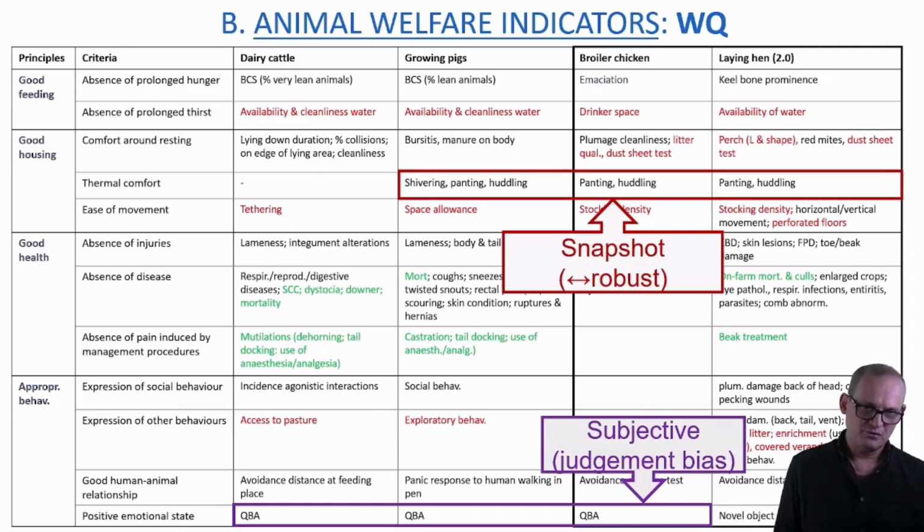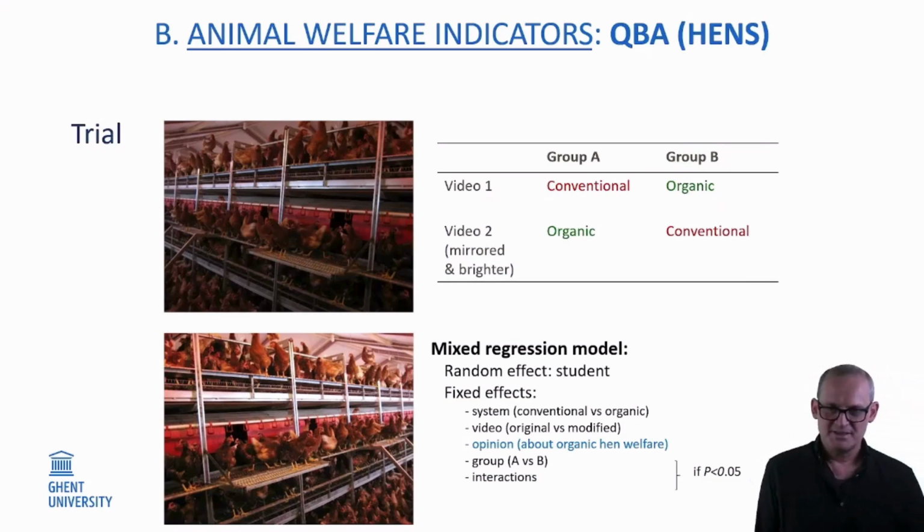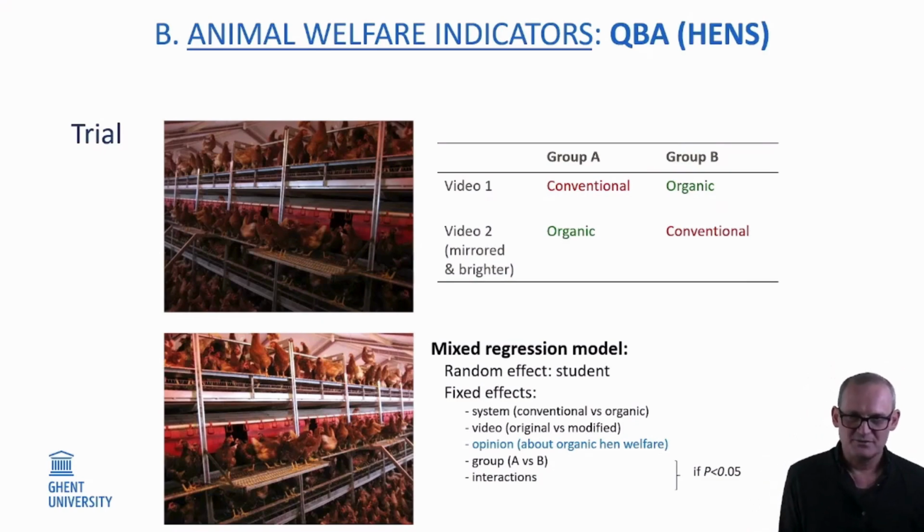And whether that is a true problem or not was investigated in this experiment using, again, veterinary students from Ghent University. During a practical, they were trained to apply the QBA scoring methodology, and for that they were given a video of laying hens in an aviary system, and they were asked to apply the QBA and to score these 20 terms subjectively.